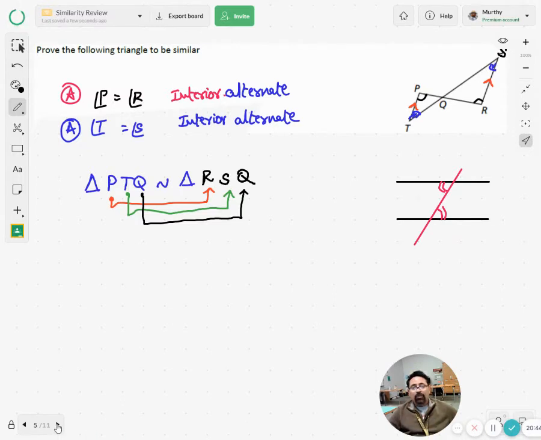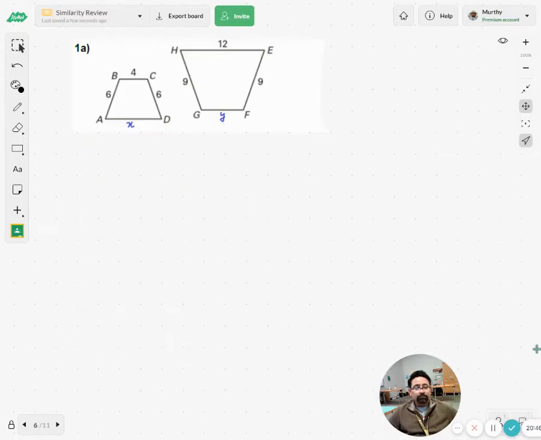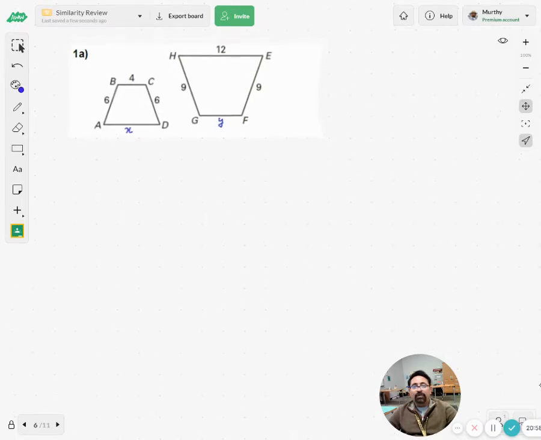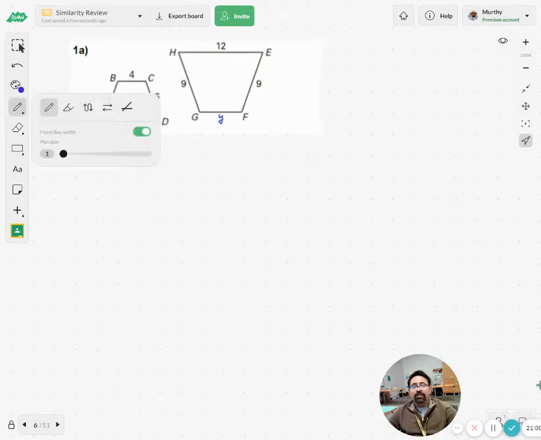Then one more question. As I told you before, when it comes to orientation, we have to be careful. I see that the shortest side is here and the longest side is at the bottom, right?